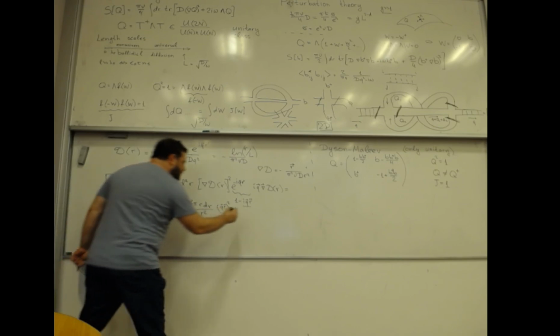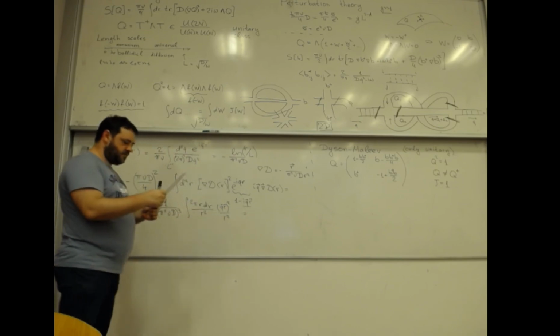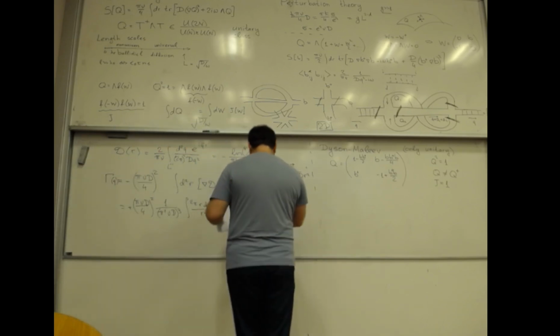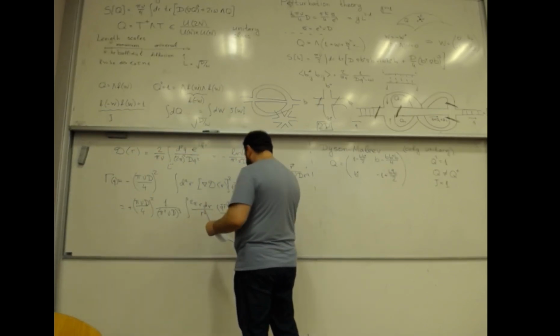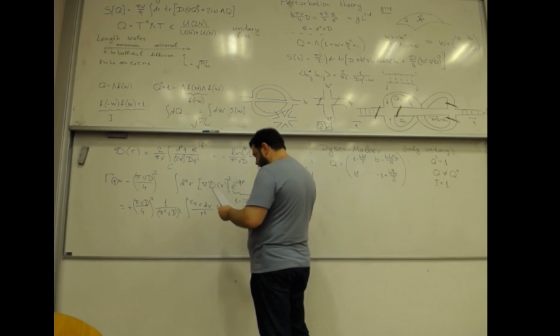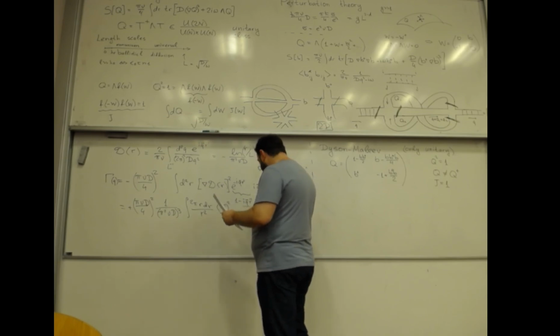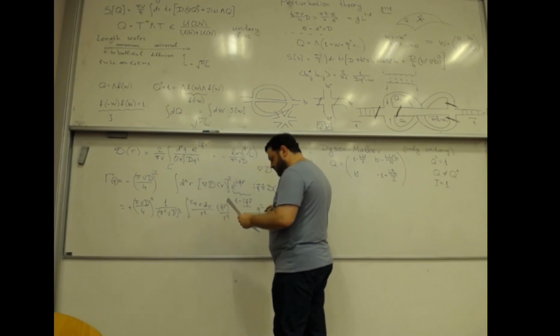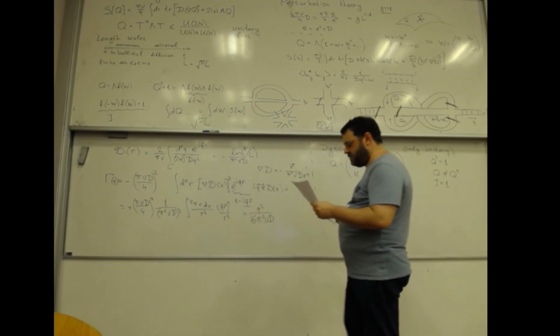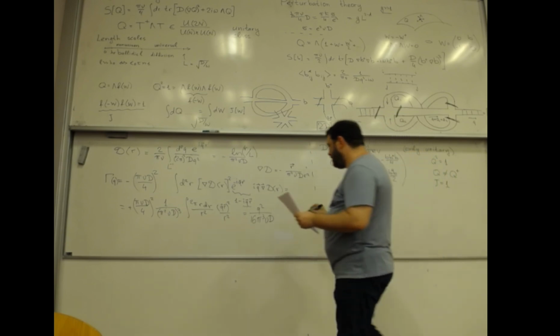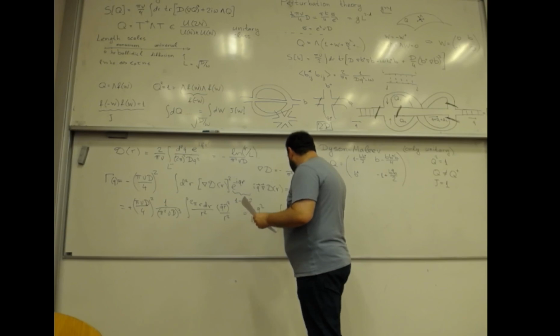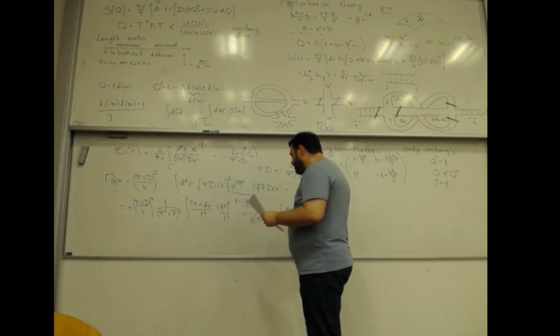And this whole thing ends up equal to Q squared divided by 16 pi Q mu d, integral dr over r.